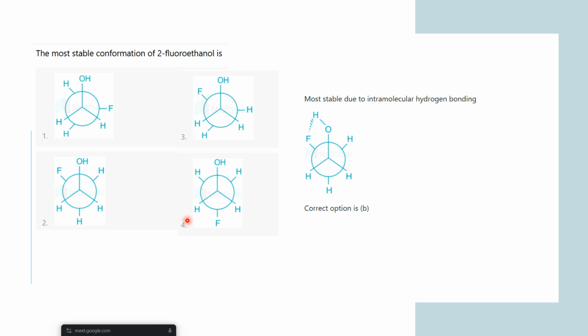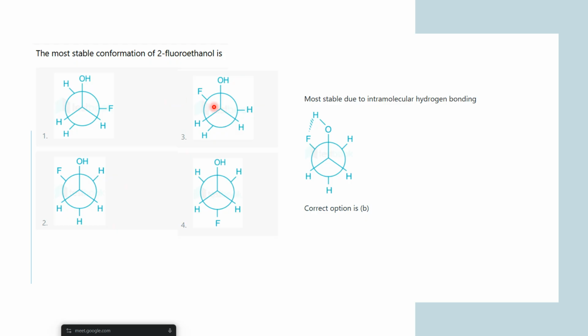in this particular example, fluoroethanol will involve stability via intramolecular hydrogen bonding. Hence, this kind of hydrogen bonding will be possible in option 2 and 3.